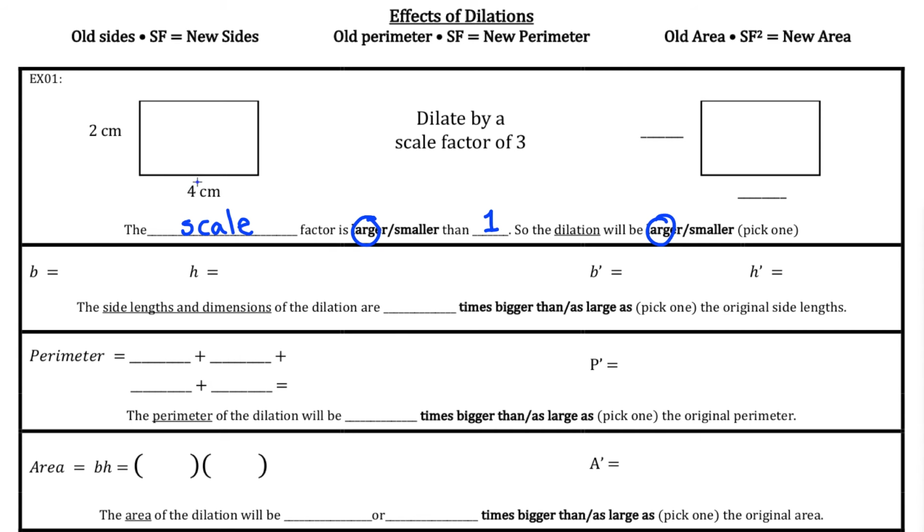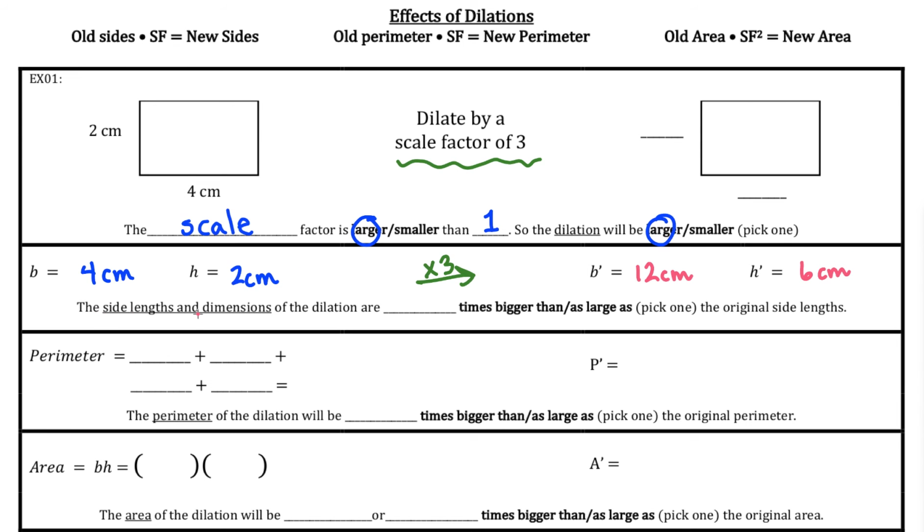So the side lengths. Our original base is 4 centimeters and our height is 2 centimeters. Since our scale factor is 3, we multiply our sides by 3. 4 times 3 is 12 centimeters, and 2 times 3 is 6 centimeters.